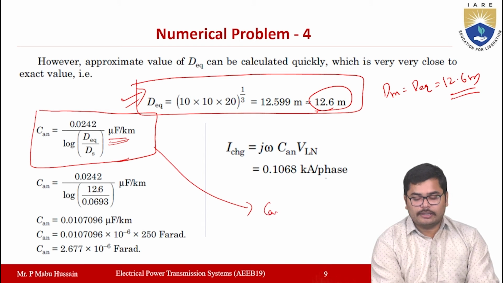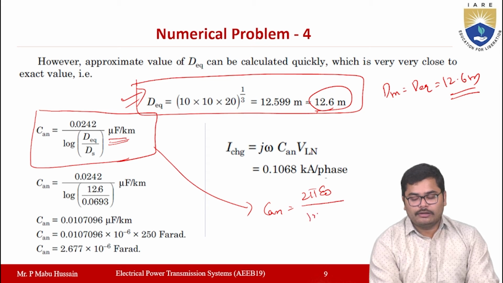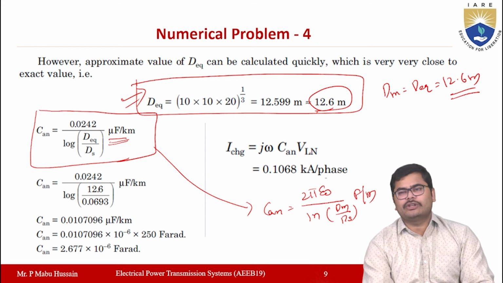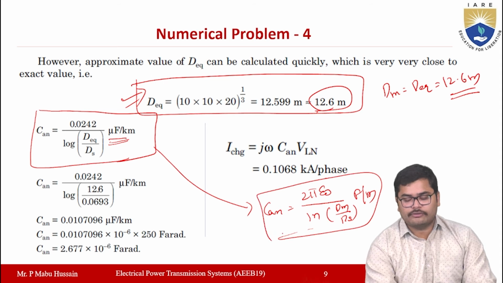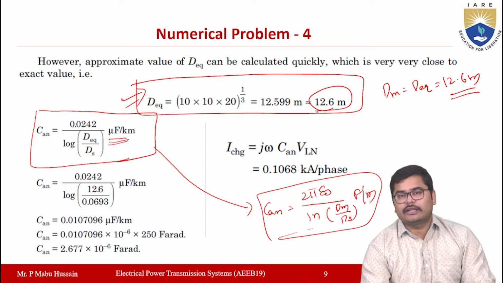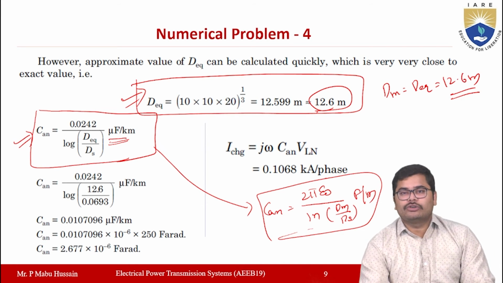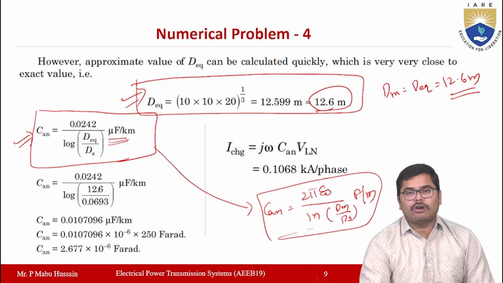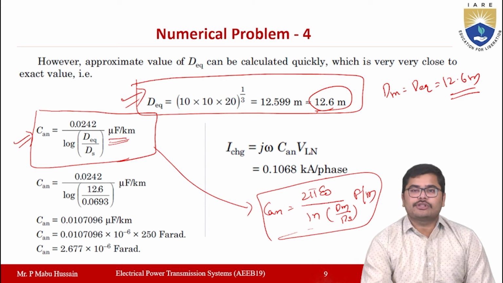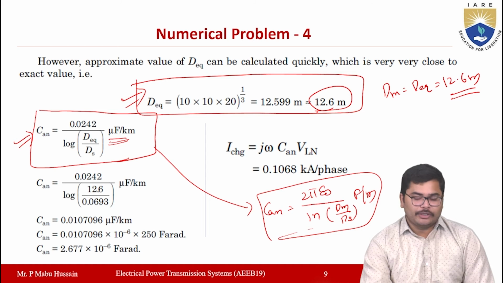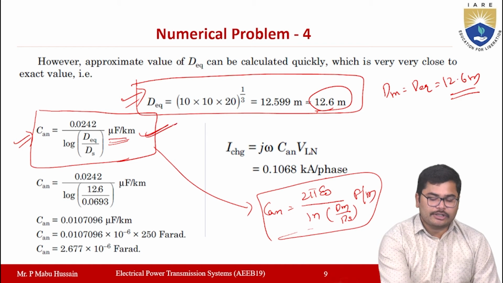Suppose if you use another equation, C_an is equal to 2 pi epsilon naught by ln Dm by Ds, this value will be in farads per meter. You can use any equation. You can use this equation and convert that again into kilometers and microfarads, or you can directly use this equation also, C_an is equal to 0.0242 by log D equivalent by Ds in microfarads per kilometer. Okay, so I'm using this equation right now.